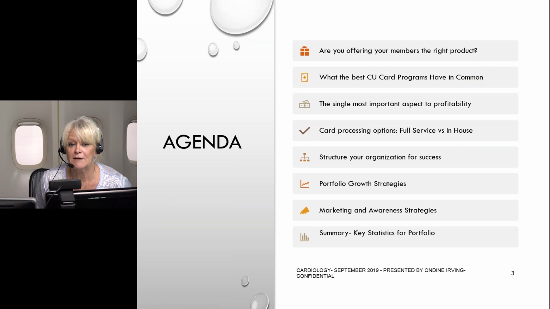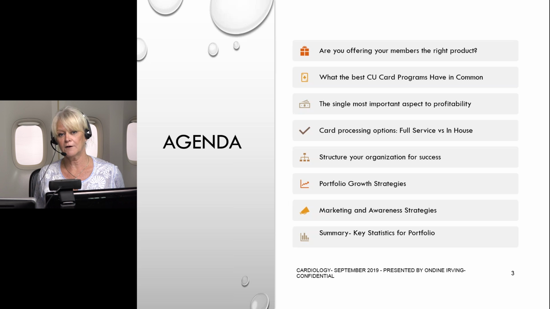Are you offering the members the right product? What the best credit union card programs have in common? Some are really good and some are not so good. The single most important aspect to profitability. Hope we've got some finance people in here because I'm going to have a great debate with you.